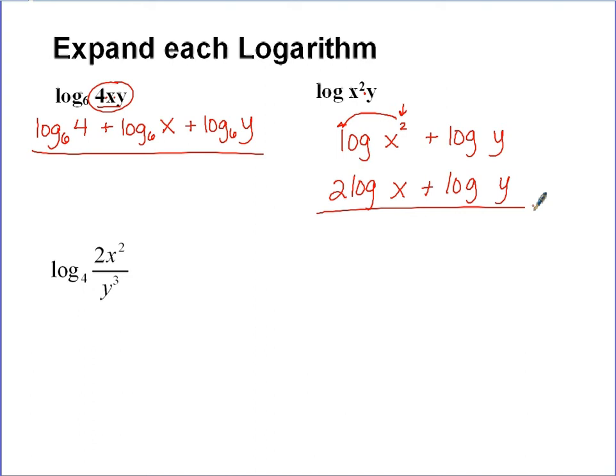Okay, now this log base 4 one down here at the bottom has a big quotient going on, and so what I want to do first to take care of that is I'm going to do the quotient property and split this up into 2 different logs that are subtracted.